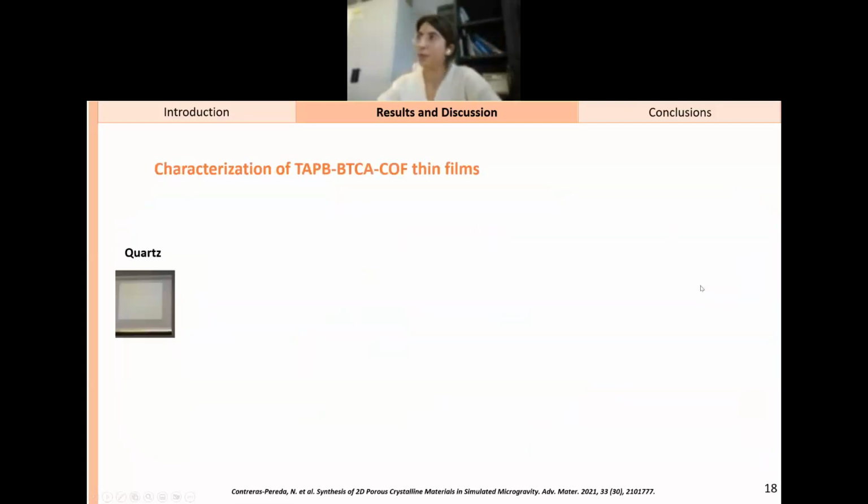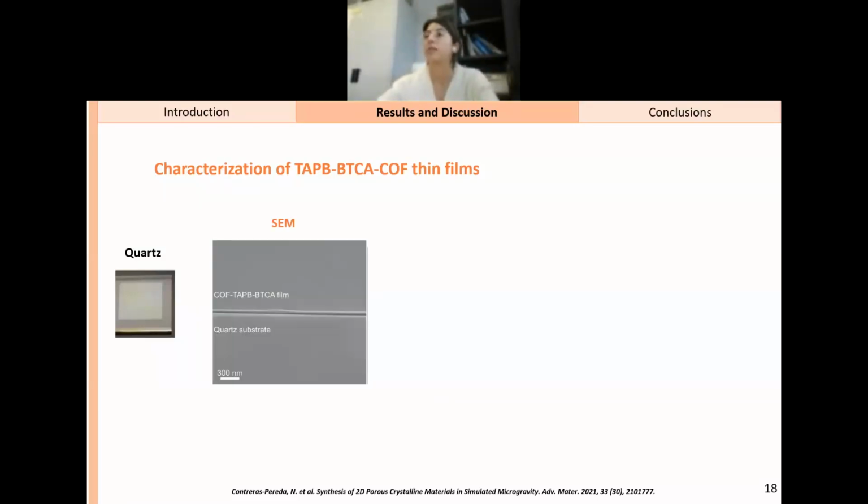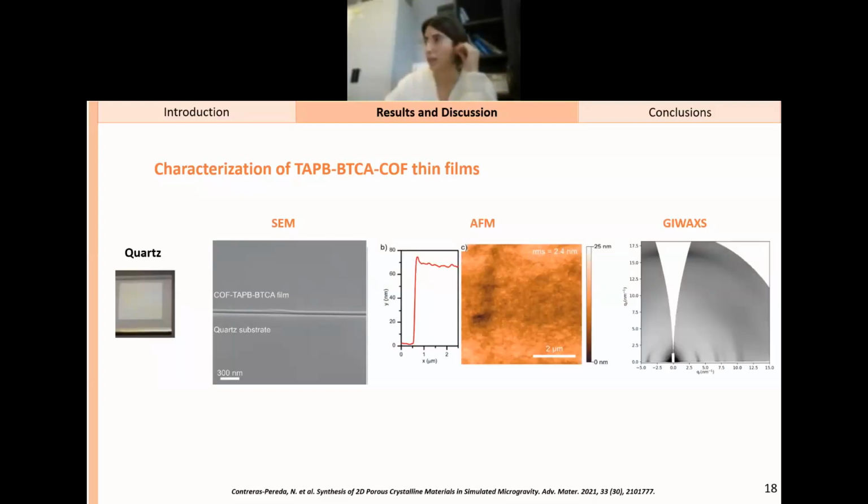After showing you the microfluidic device used here, they performed the characterization of these TAPB-BTCA thin films. First, they performed the reaction on quartz and characterized it by SEM, AFM and GIWAXS. The SEM shows the smooth thin films that can be formed thanks to this microfluidic approach.